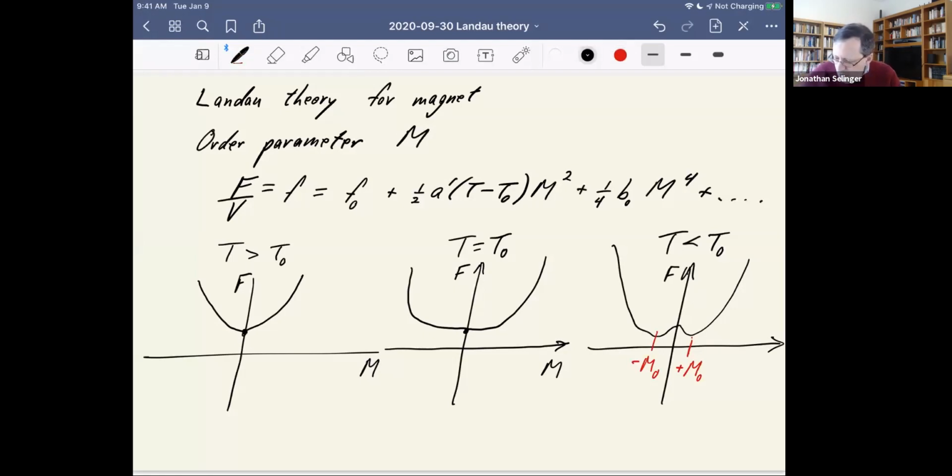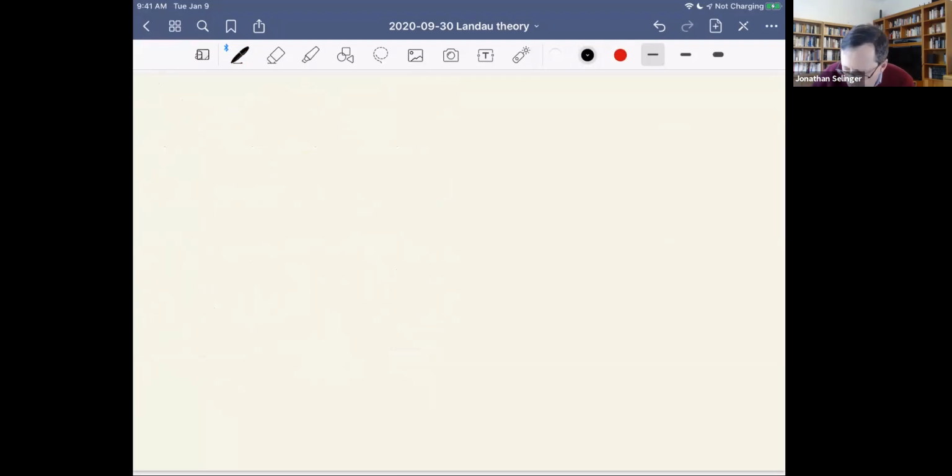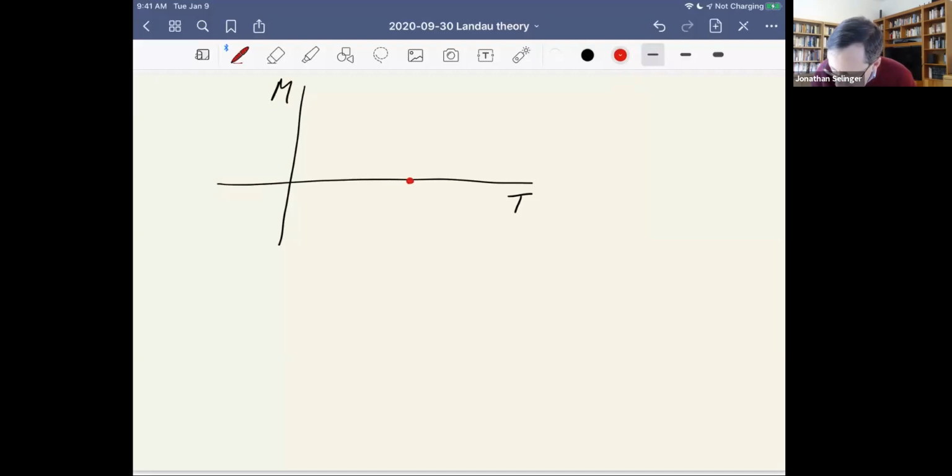So then we could plot what is the minimum and see how does the optimum value of m depend on temperature. Okay. So we would then get a plot for m at the minimum as a function of temperature. And that plot is 0 for all temperatures above T0.